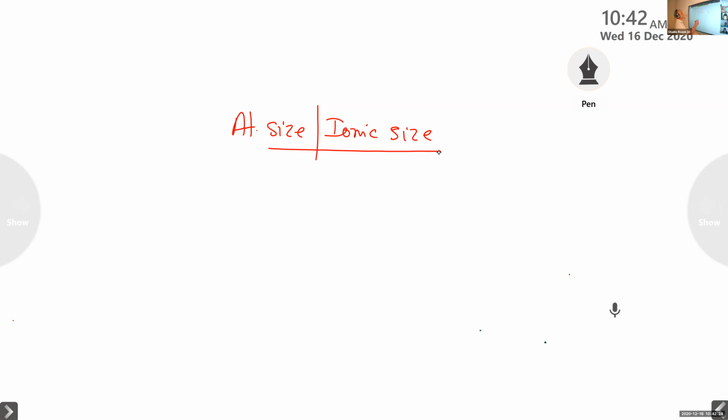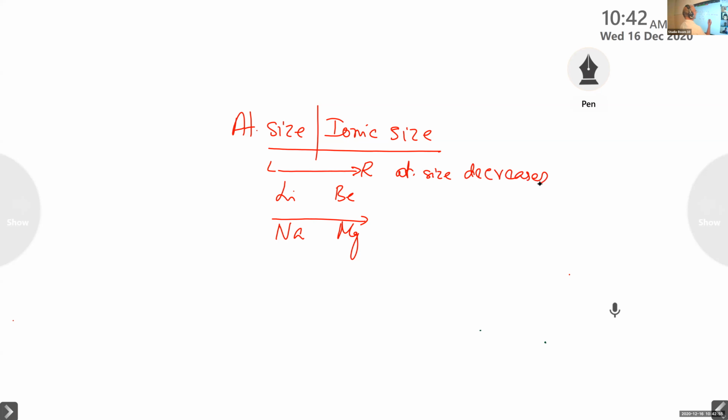Say lithium, then beryllium. Similarly, sodium, then magnesium. You compare this. From left to right in a period, what about the atomic size? Do you remember? From left to right, atomic size decreases.